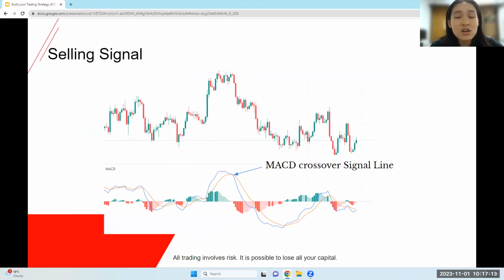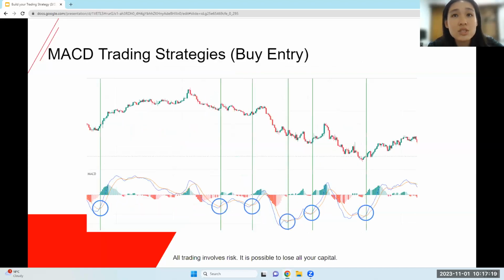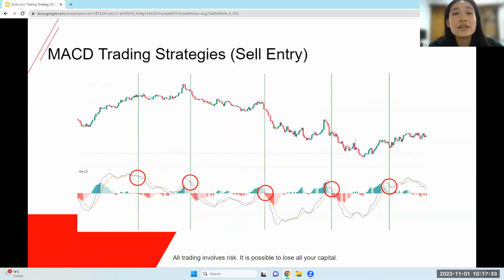So a selling signal occurs when the MACD line crosses over the signal line. And then the bullish or buy entry is over here, when the signal line crosses over the MACD line. It's just the opposite of here. Okay, so this is an example, and our sell entry is over here as well.